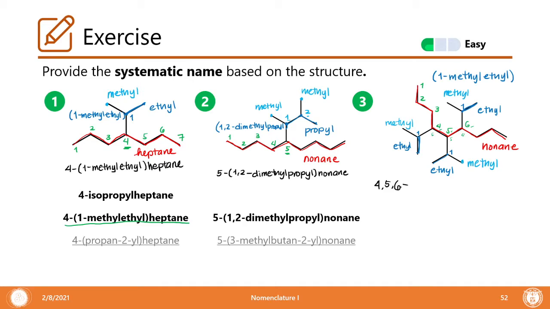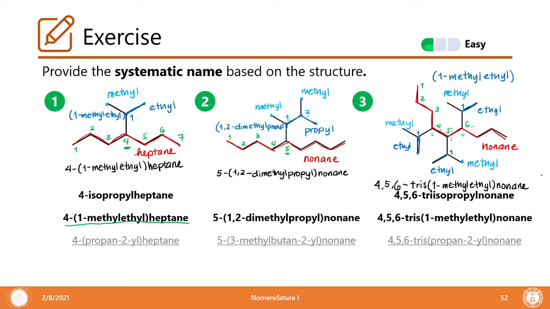So remember, if we have 3 complex substituents that are identical, we have to use bis, tris, tetrakis. In this case, we have 3, so we will use tris. And then we will add our name, 1-methylethyl, and then nonane. 4,5,6-tris(1-methylethyl)nonane.